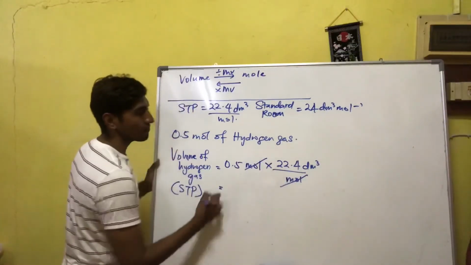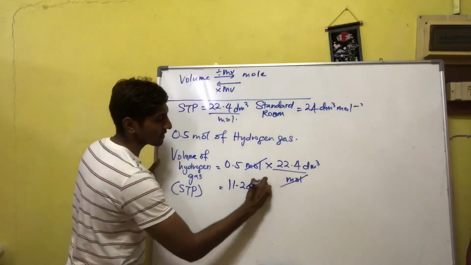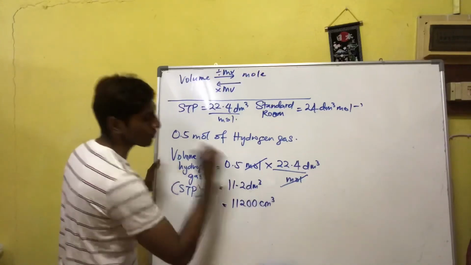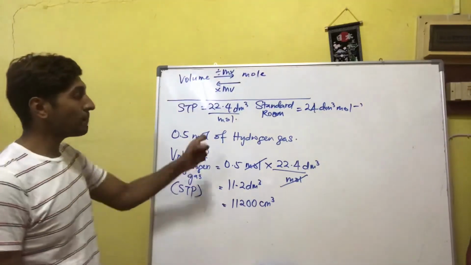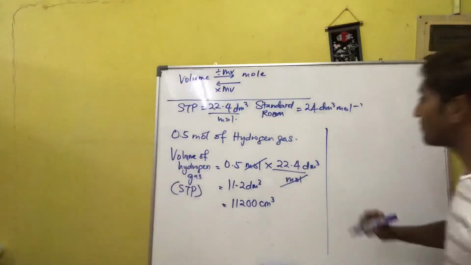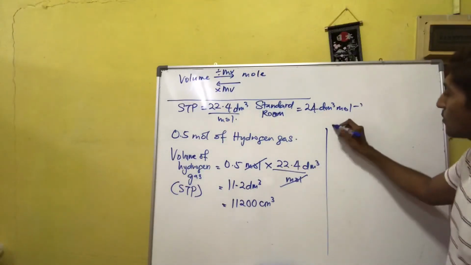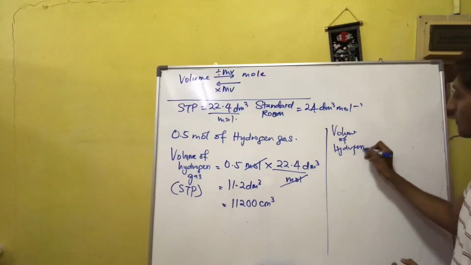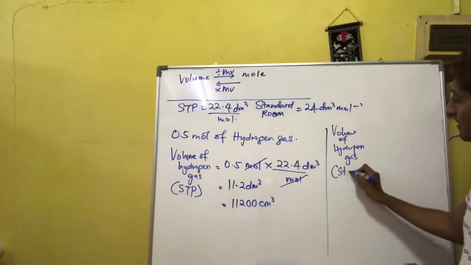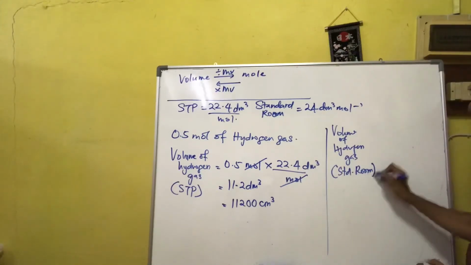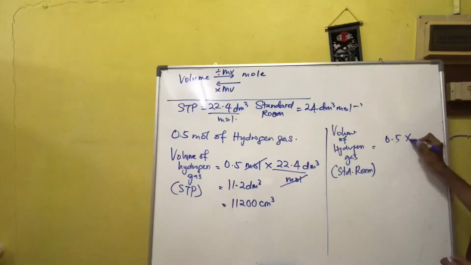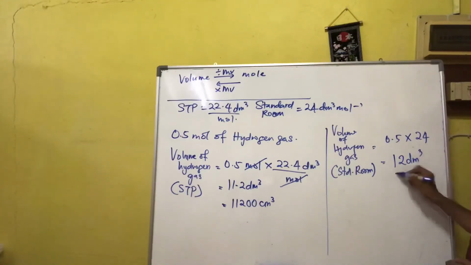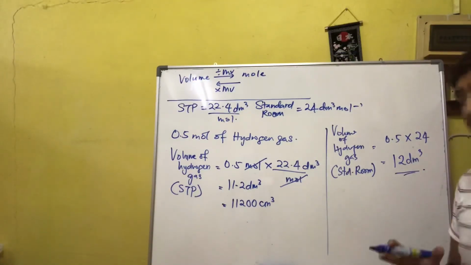The mole cancels out, and it would be 11.2 decimeter cube, or 11200 centimeter cube. But what if I want the volume at standard room temperature? The volume of hydrogen gas at standard room would be 0.5 times 24, which gives you 12 decimeter cube. Hopefully you understand how to use this.